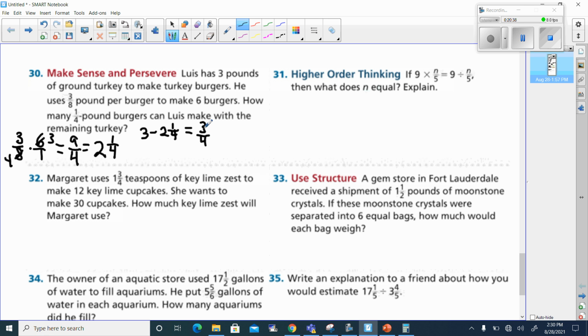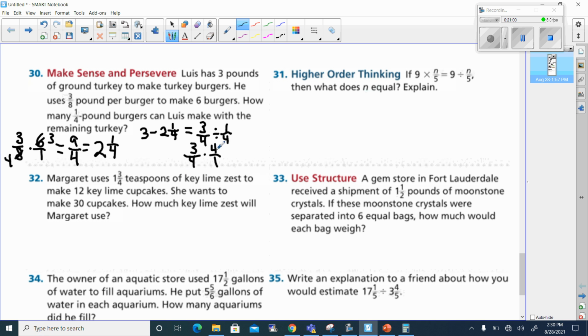3/4 divided by 1/4, I'm pretty sure. Let's try it. Divide it by 1/4. Let's see if it gives me 3. Remember, keep, change, flip. So this is going to be 3/4 times 4/1.